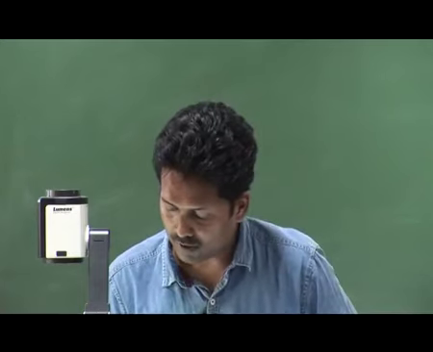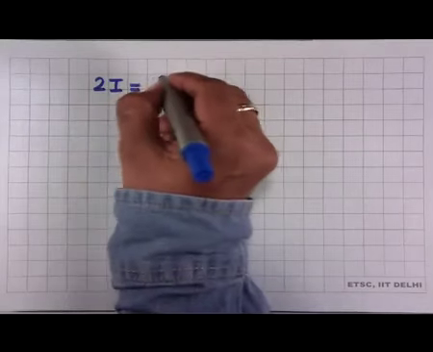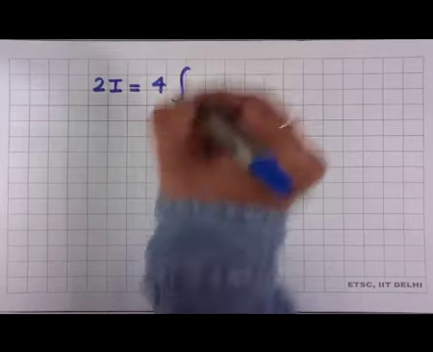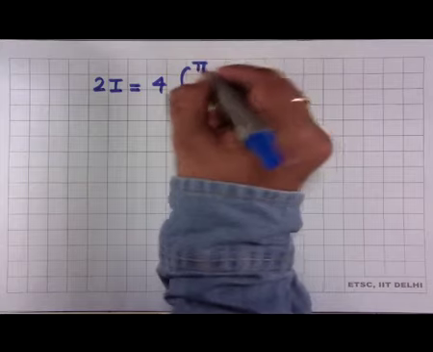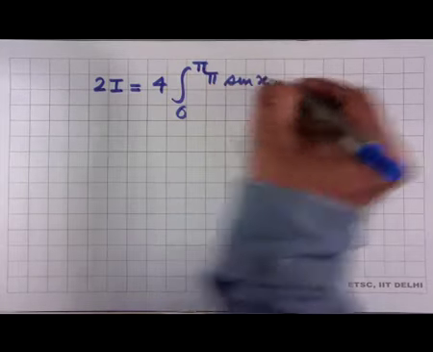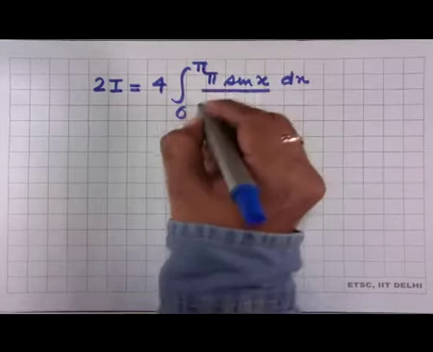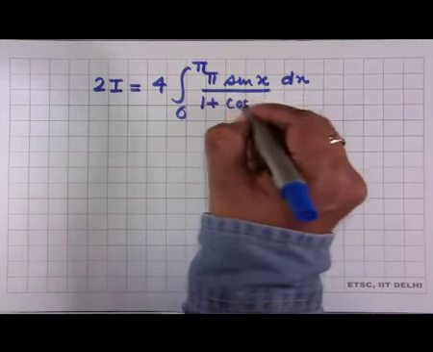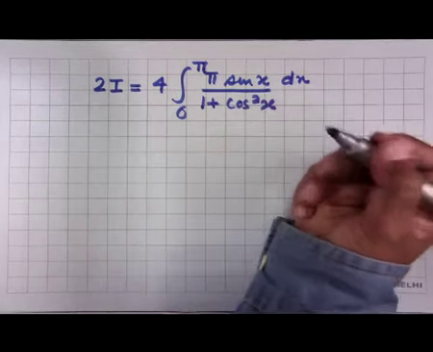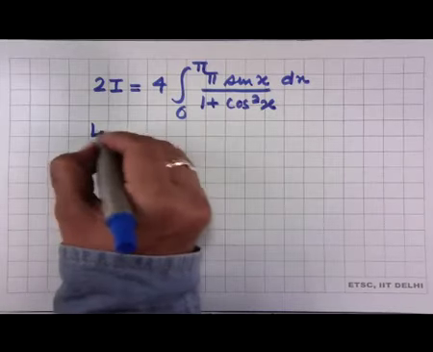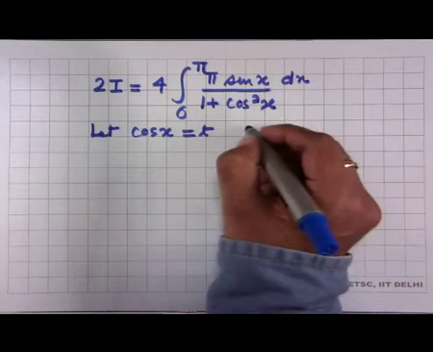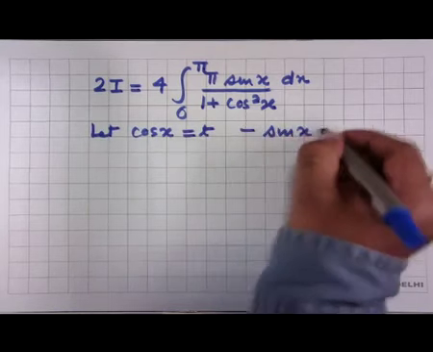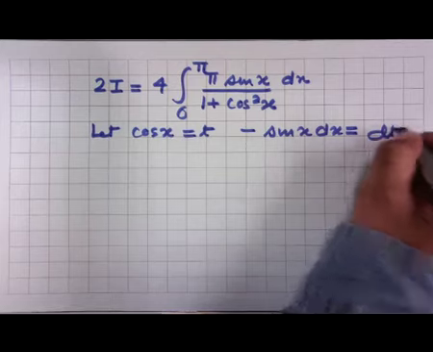So by adding 1 and 2 you get twice of I is equal to 4 times 0 to pi sin x dx by 1 plus cos square x. Now let cos x be t, so minus sin x dx is dt.